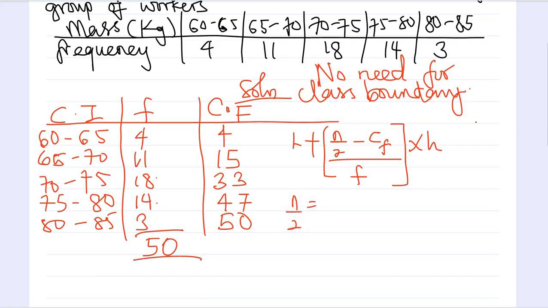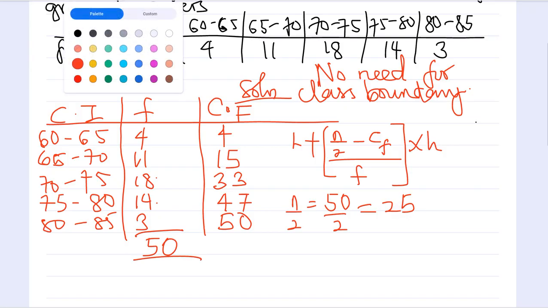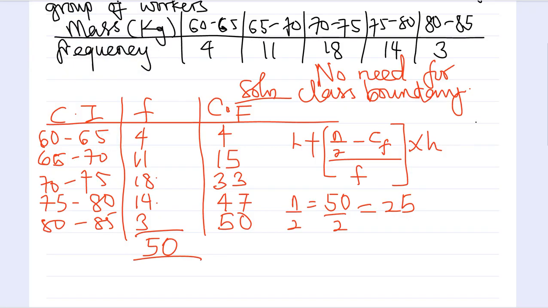What is your n here? Your n is 50. So 50 divided by 2 gives us 25. Then you come back to your cumulative frequency. Can you get 25 here? No. Can you get 25 here? No. Can you get 25 here? Yes. So that means this is your median class.